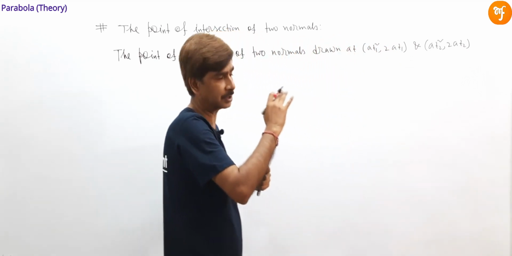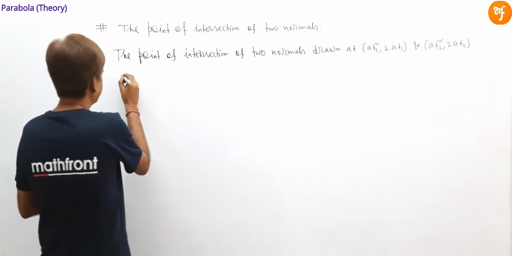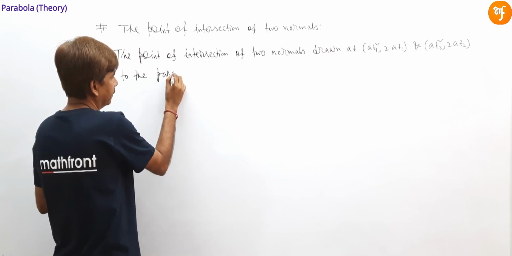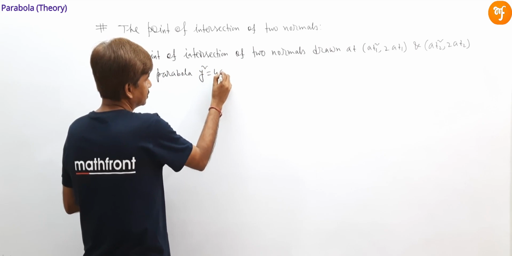Okay, drawn at these two points, that is, these are the points of contact to the parabola y² = 4x.